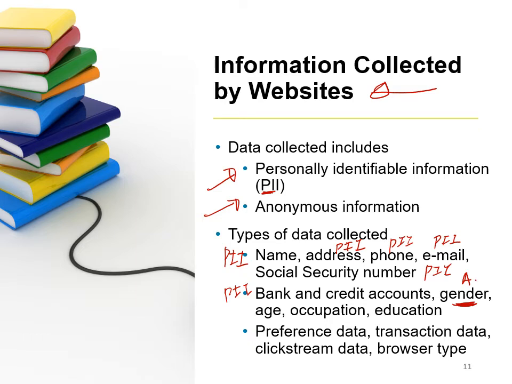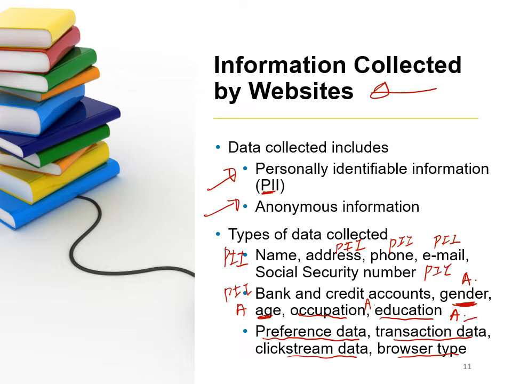Age is also anonymous, as are occupation and education. Then preference data, transaction data, clickstream data, browser types: some can be PII, some can be anonymous.